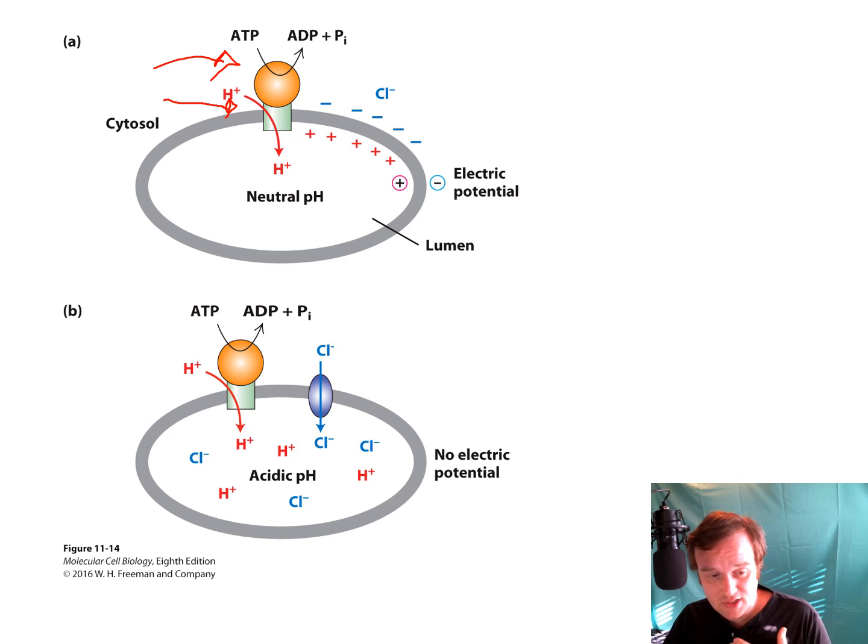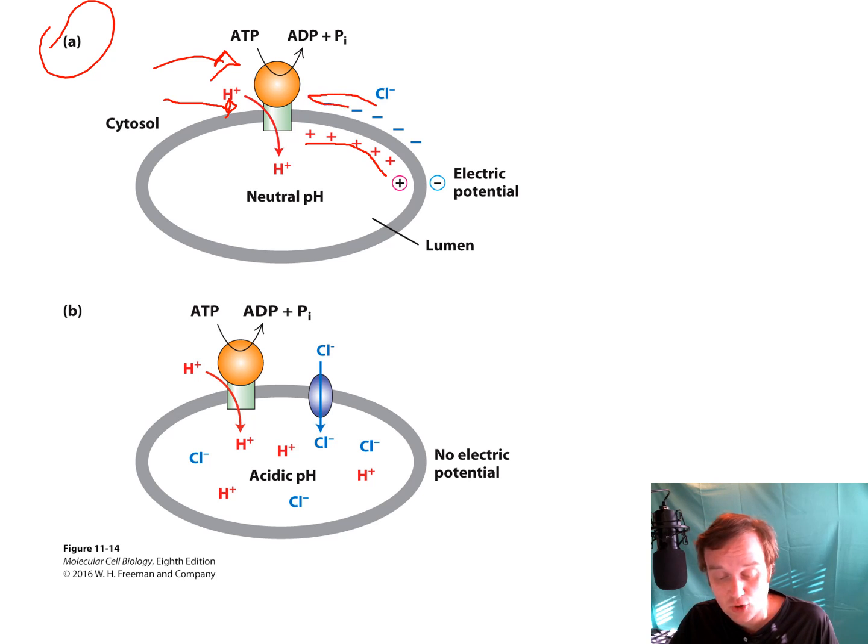And so if we have only a V-class pump, which is example A at the top here, what happens is we accumulate those protons on the inside of the lumen, and that creates this electrical potential where we have a high concentration of positively charged ions on the inside of the lumen, and then these chlorine ions that are negatively charged on the external. And so there's an electrical potential. It's not an active force at this point, but there's different charges across this membrane.